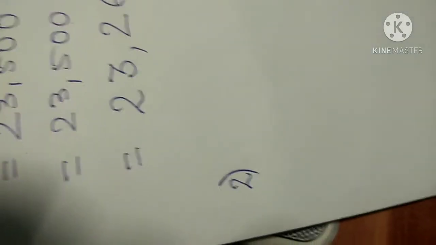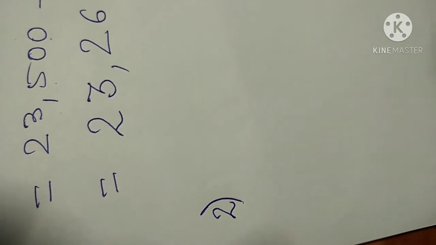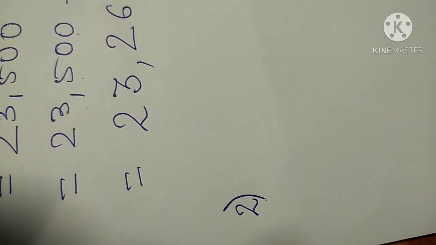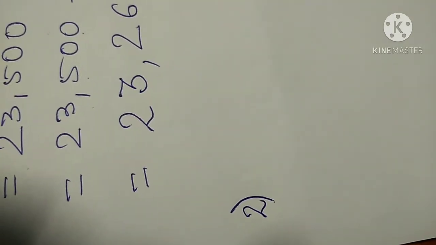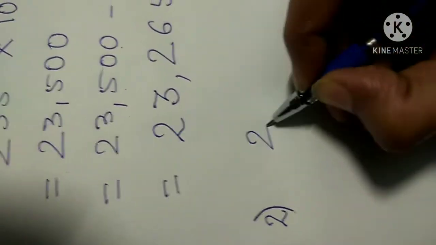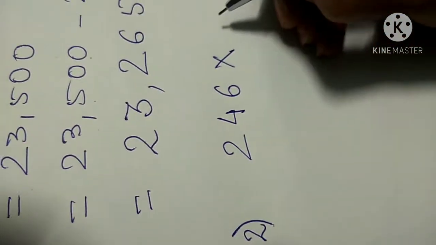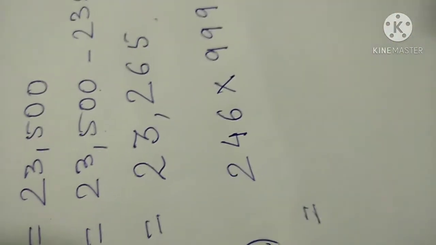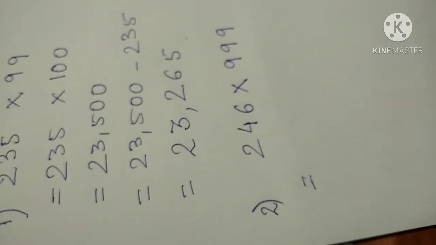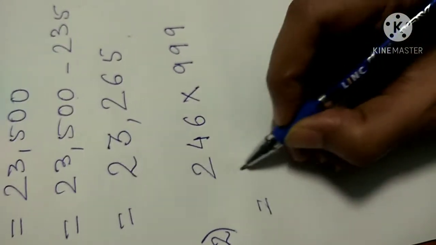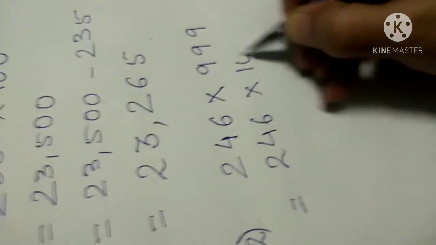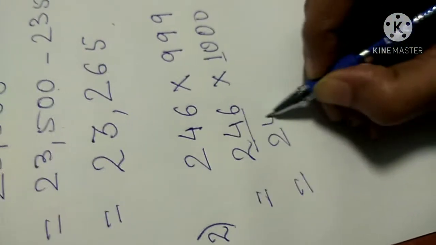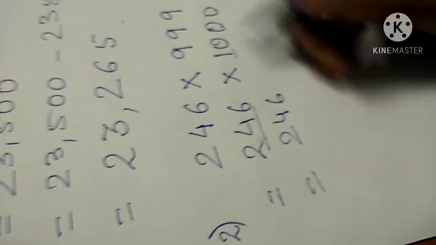Now you can apply this particular shortcut trick on even multiplying by a number by 999 or digits like 9. For example, here I should take 246 multiplied by 999. Okay, now what should you do here? Here again you can apply the similar trick as I have mentioned. For example number 1, you need to multiply 246 by 1000, and as simple as that, 246 into 1 is 246, and then place these three zeros here.